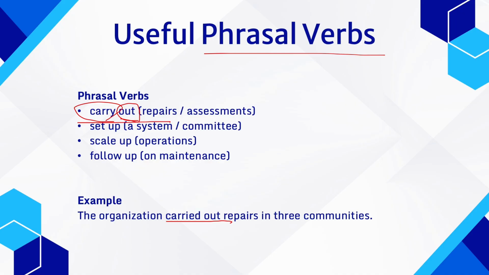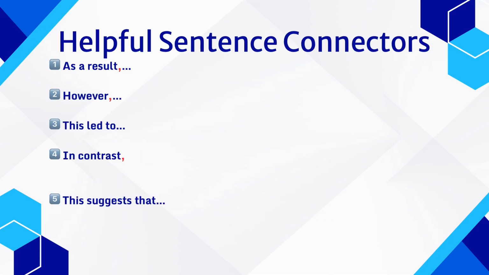Phrasal verbs are really important because if you don't understand what words mean when they're used together, you will misunderstand the meaning. If you can use them effectively, it will make you sound like a native English speaker. In English, it's not enough to know advanced vocabulary, collocations, and phrasal verbs.